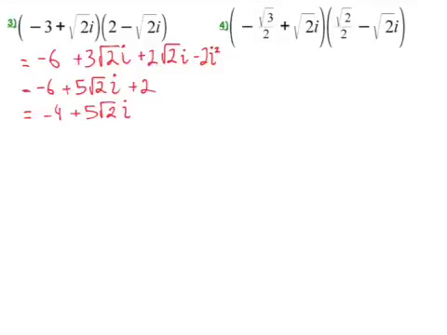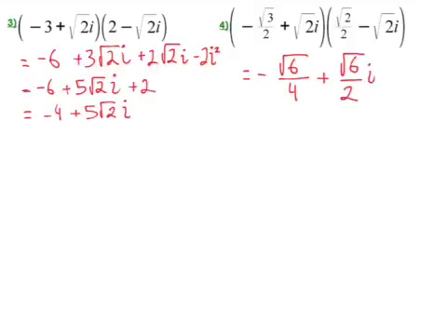Let's try the next one. So expand again using a FOIL method. And so that's the first term, √3 on 2 multiplied by √2 on 2, but don't forget the negative.